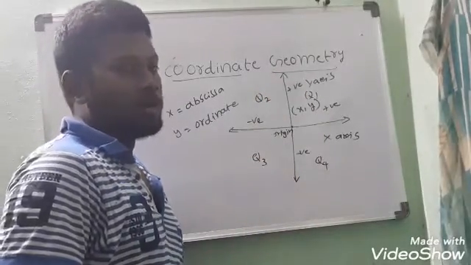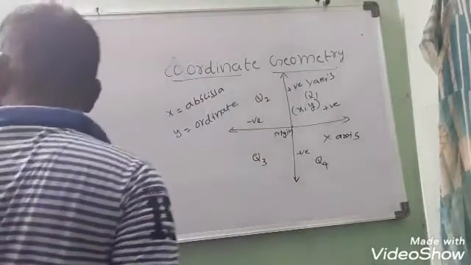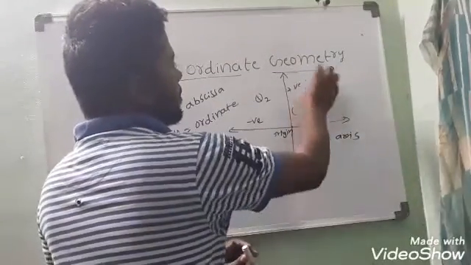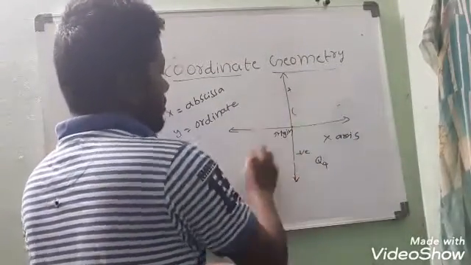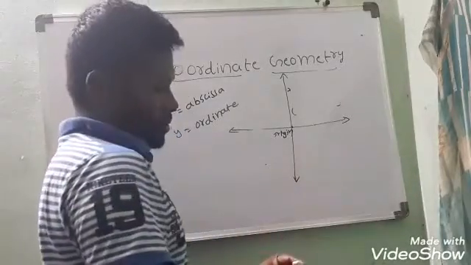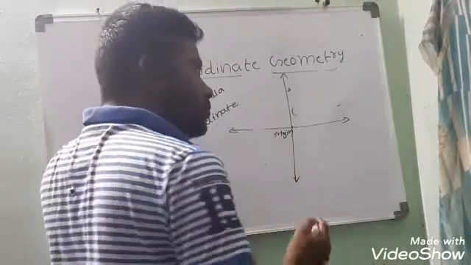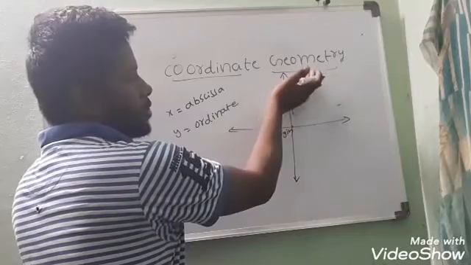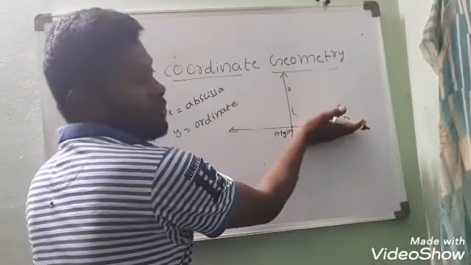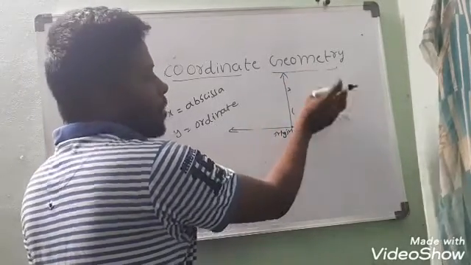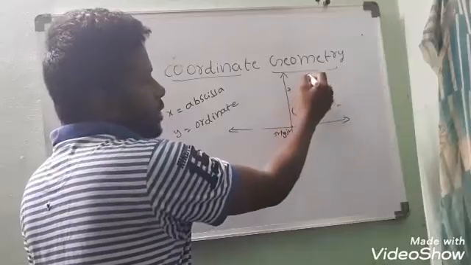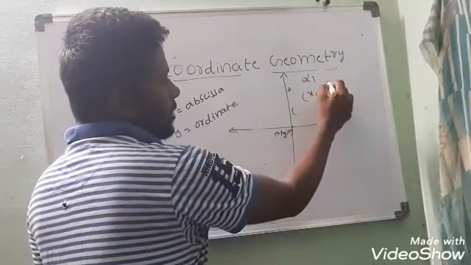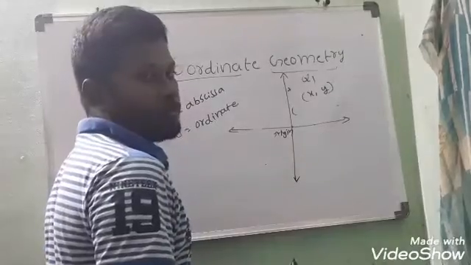And one more thing, as I told you, the upper part of the y-axis is positive, the right part of the x-axis is positive. So Q1 is the actual positive plane. Here both points x and y are positive.